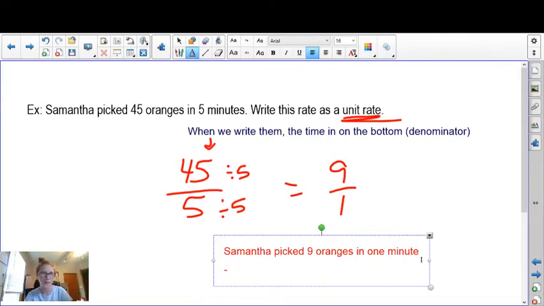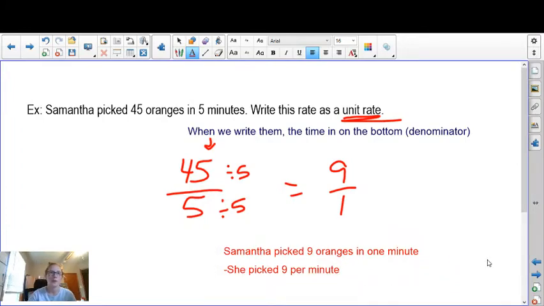Instead of saying the word 1, she picked 9 per minute. Shorthanded that way. So 2 different ways to write the same answer. One is not more right than the other. They are just simply different.